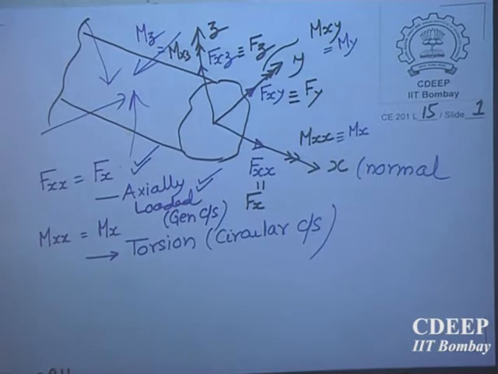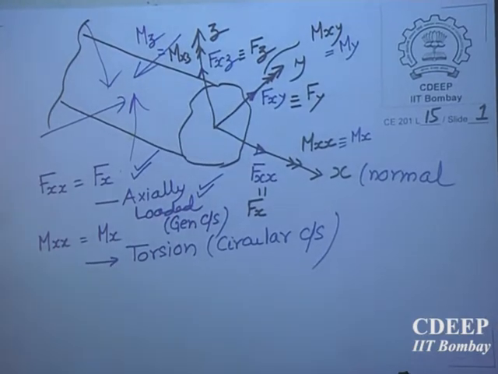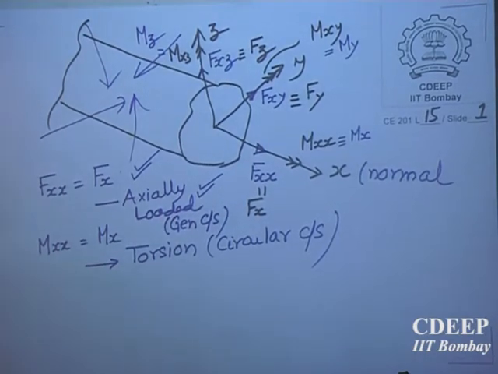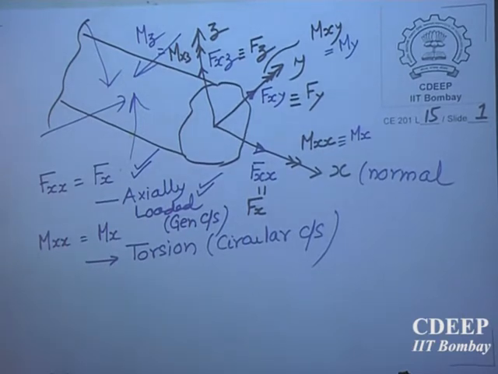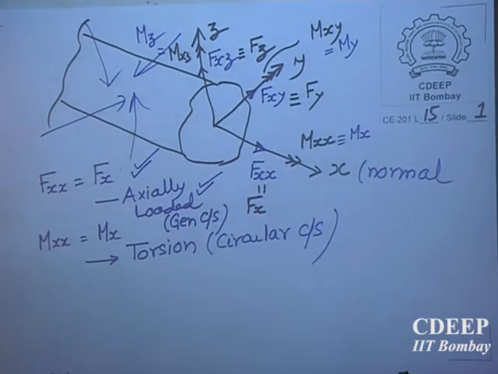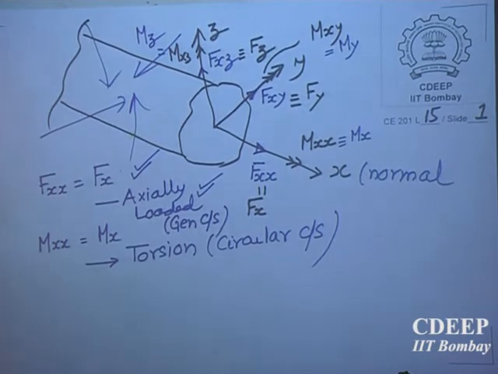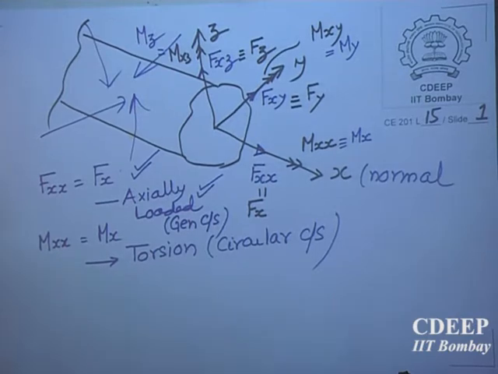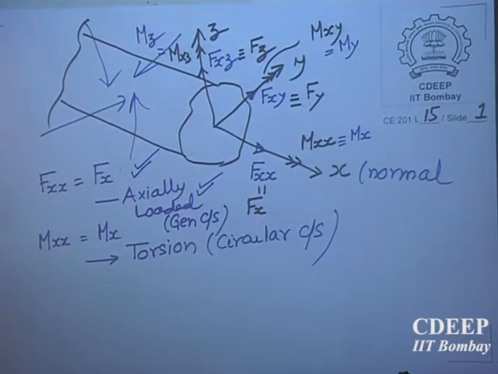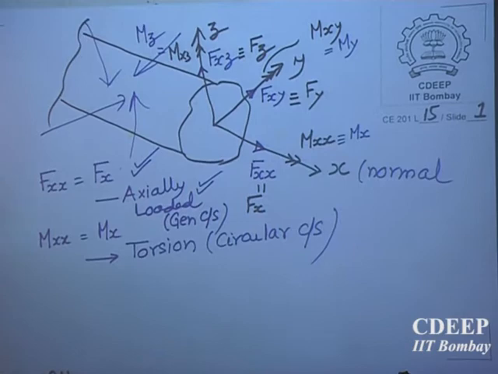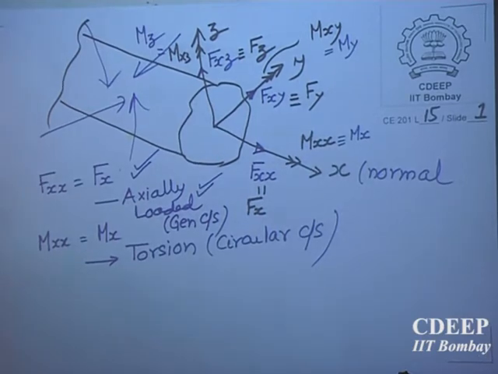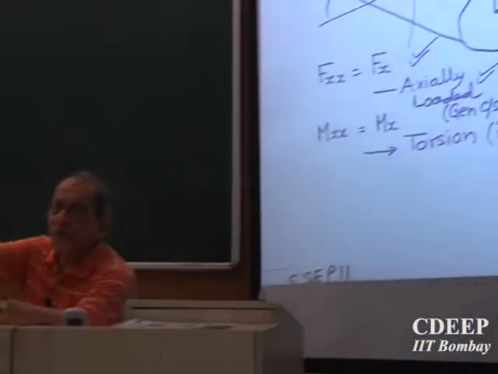Now let us see. Here the cylinder is subjected only to axial tensile or compressive force, and the other one is a torque. Now let us say the cylinder member is subjected to transverse load.